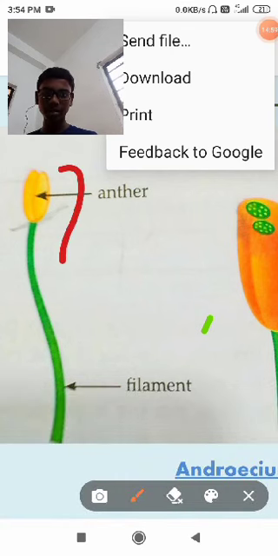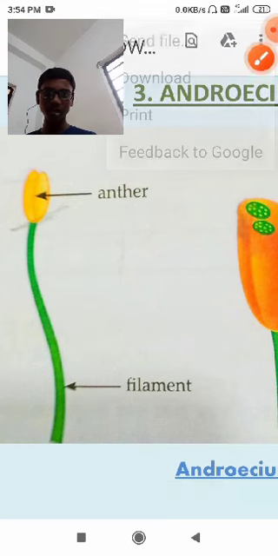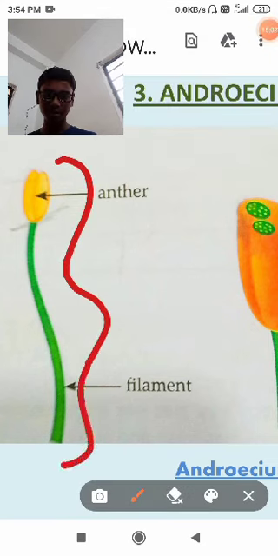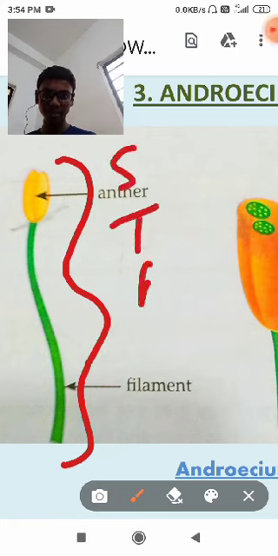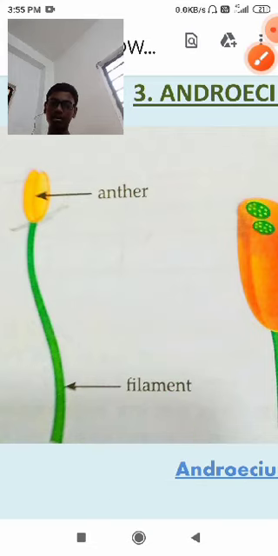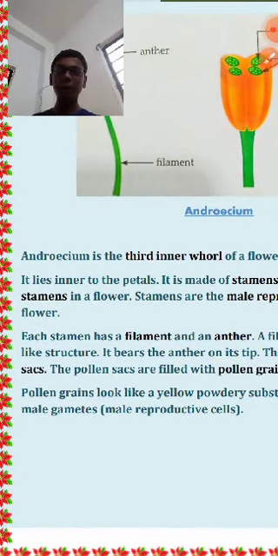This part, okay, this part is called the stamen. So a bunch of stamens is known as the androecium.